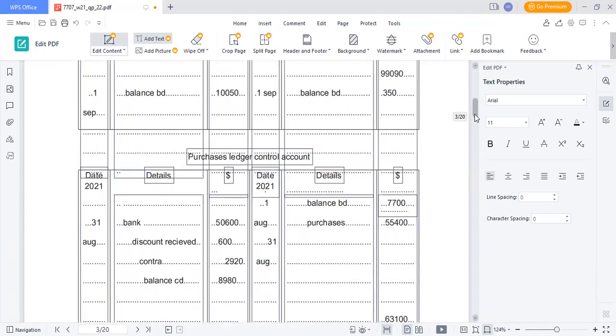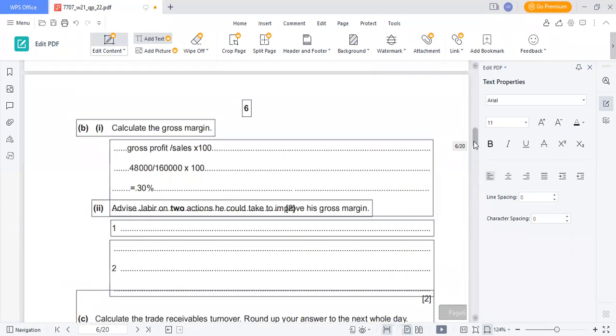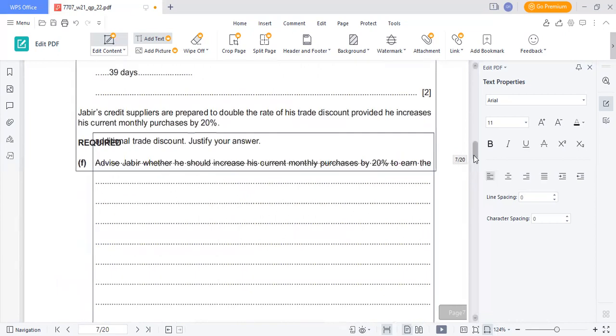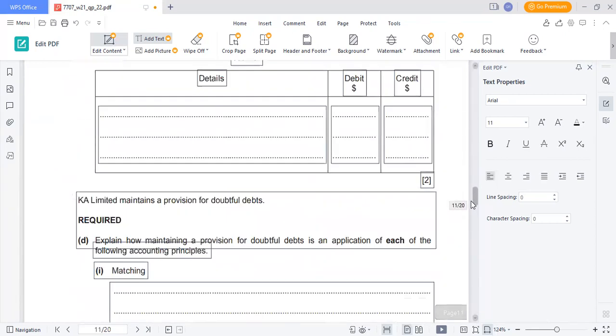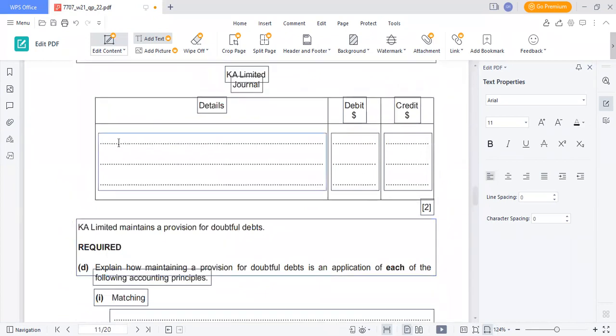That means that entry will be bad debts debit and DH Limited credit 350.